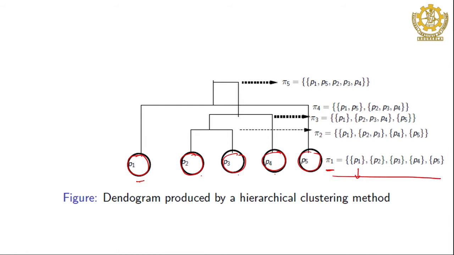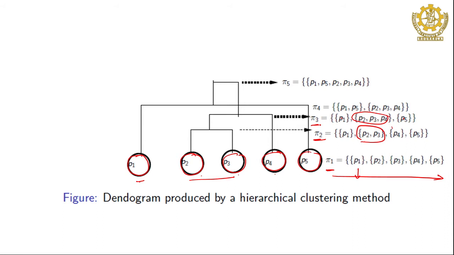This is one clustering. Now, you move on. P2 and P3 are merged, so P2, P3 will form a cluster and all others remain the same. This is another clustering. Now, in the next step you merge P2, P3 with P4. So, this is another cluster and this is another cluster. This is another clustering.